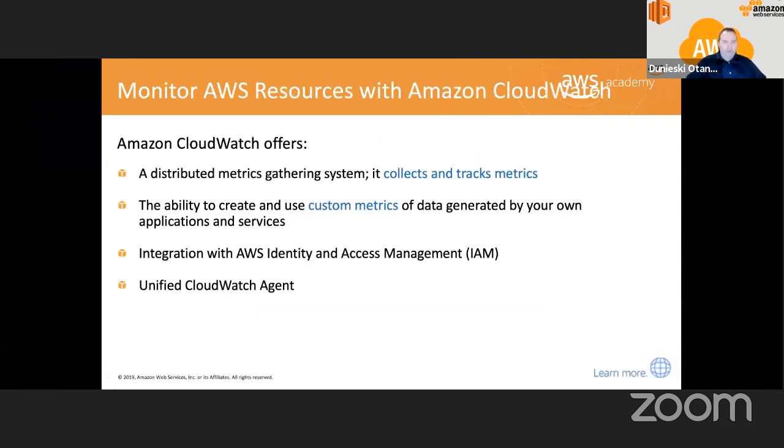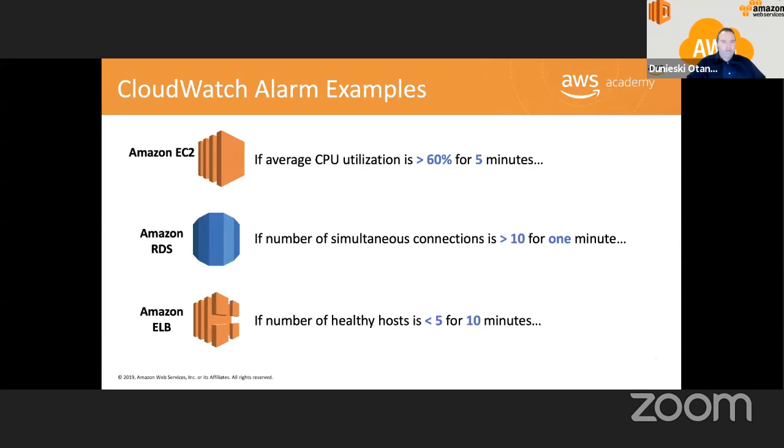So Amazon CloudWatch offers integration with AWS Identity and Access Management and the Unified CloudWatch Agent. We have CloudWatch alarm examples. Amazon EC2, if average CPU utilization is more than 60% for 5 minutes. Amazon RDS, if the number of simultaneous connections is greater than 10 for 1 minute.